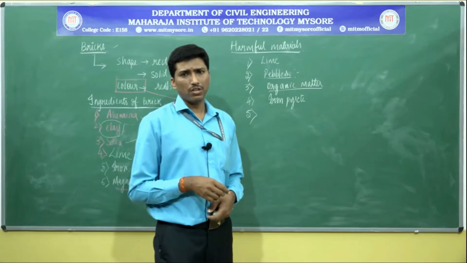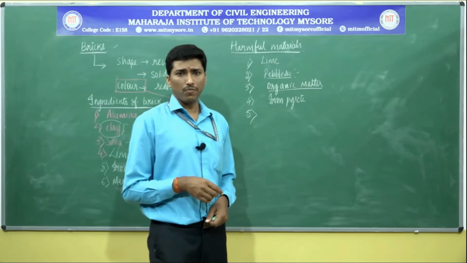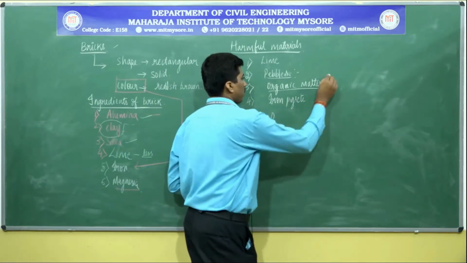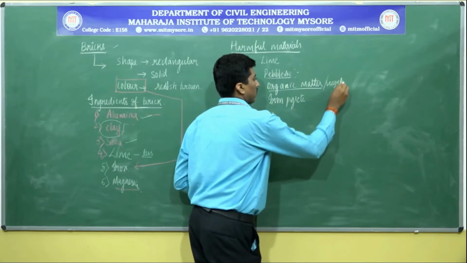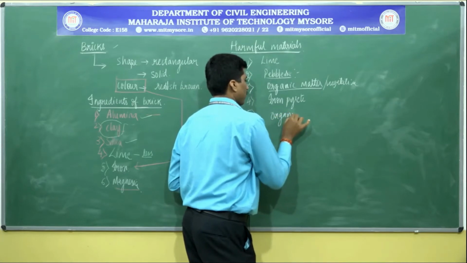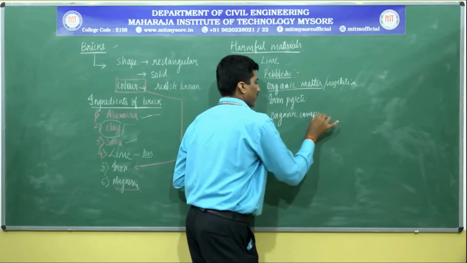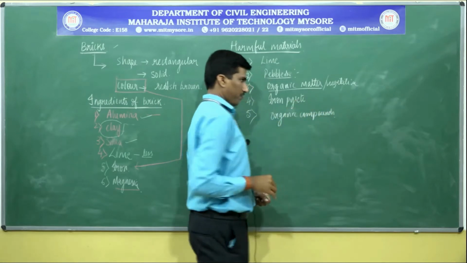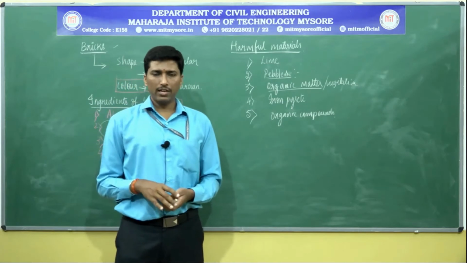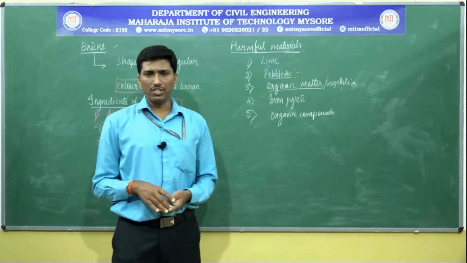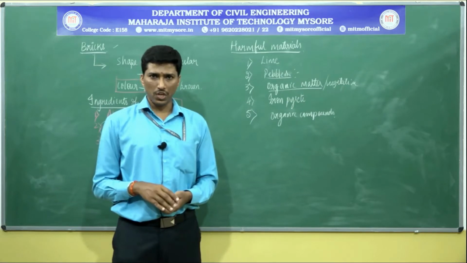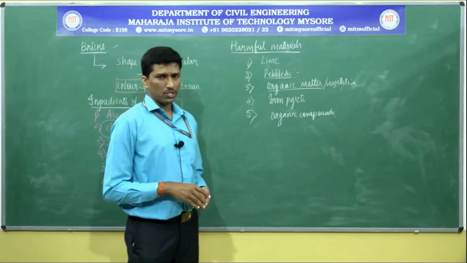Again, the presence of any organic compounds, organic matter or vegetative matter, tends to be detrimental for the manufacturing of the brick. It does not impart plasticity or toughness, and it also weakens the fire resistance capacity of the bricks. Care has to be taken for it.